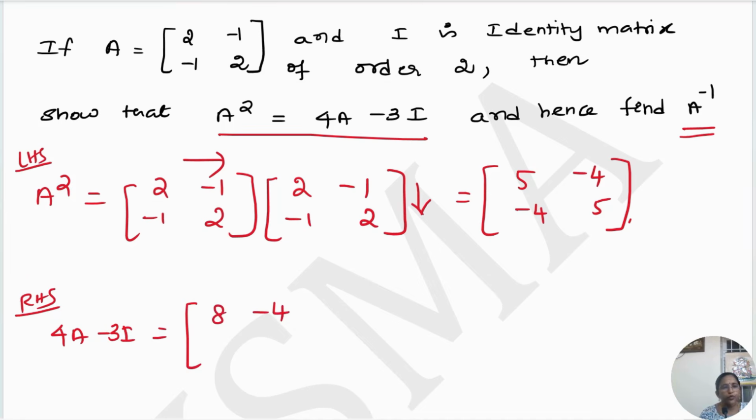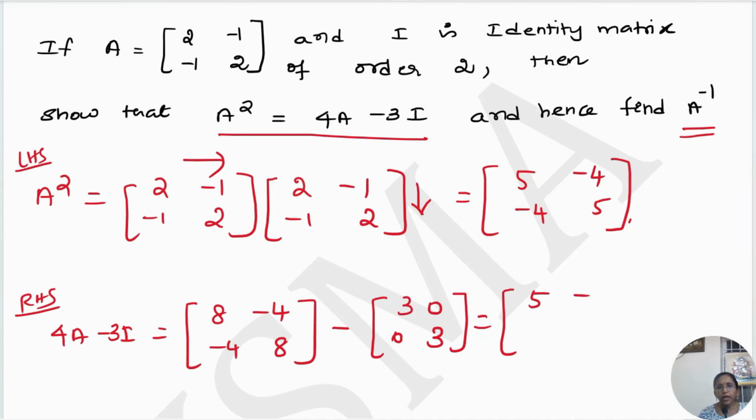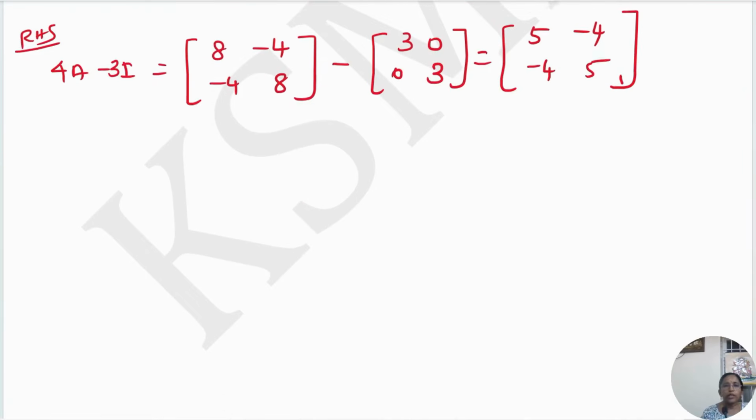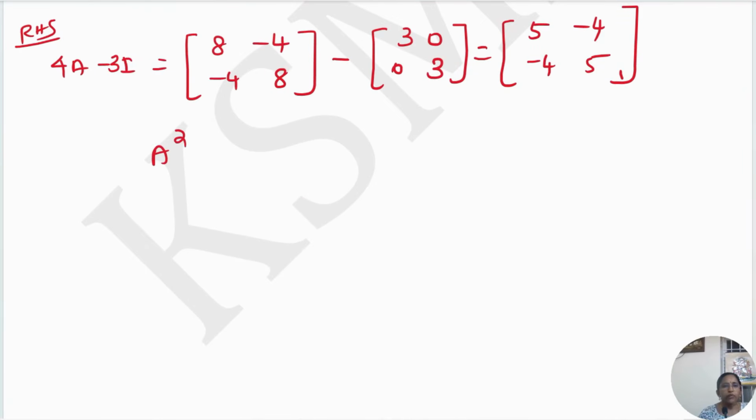So 8, minus 4, minus 4, 8, minus 3I. So 3, 0, 0, 3. So this is again 5, minus 4, minus 4, 5. So left side will equal right side. So you can say A square is equal to 4A minus 3I is proved now.